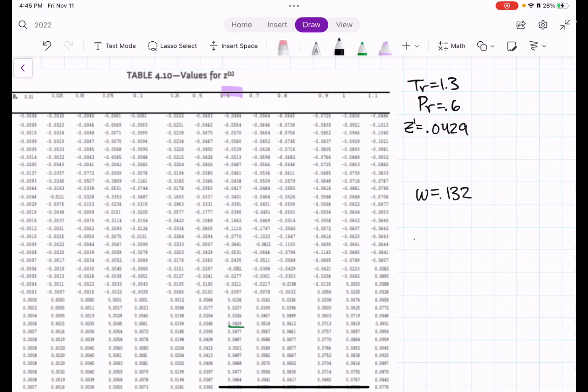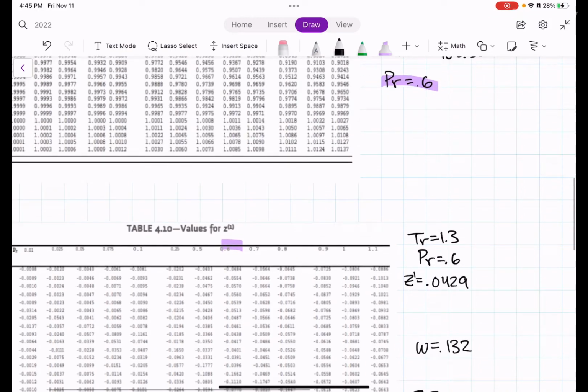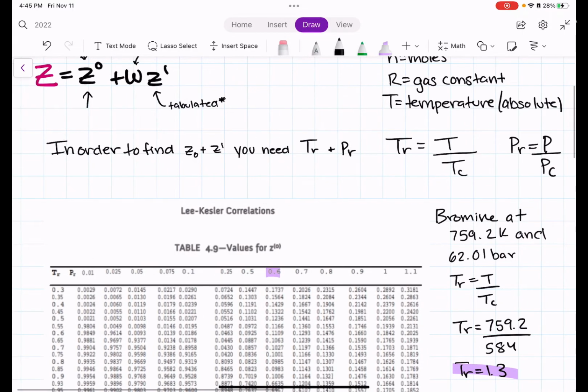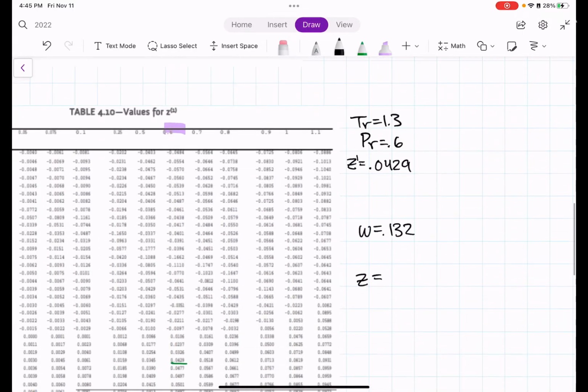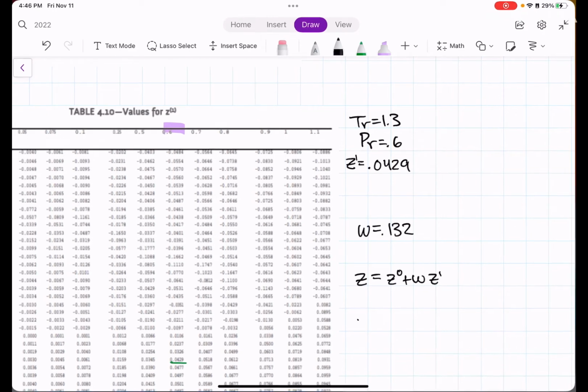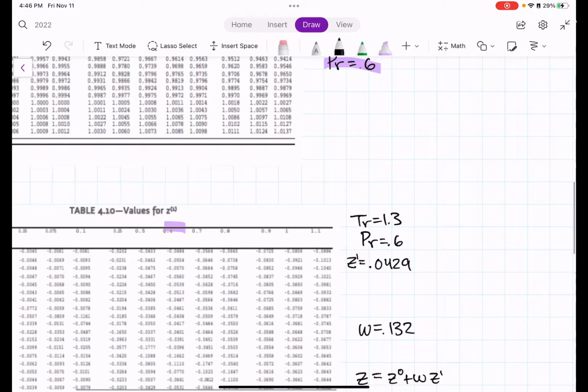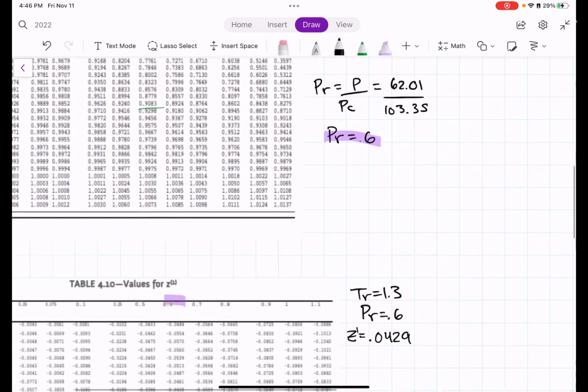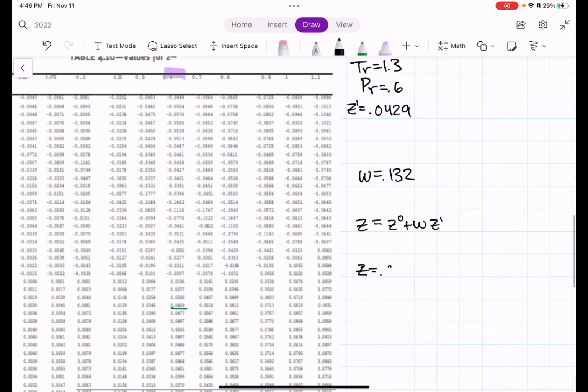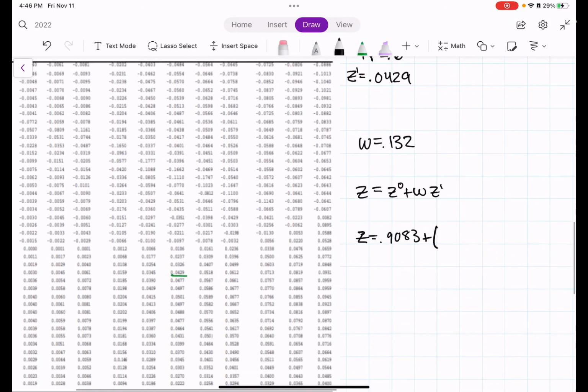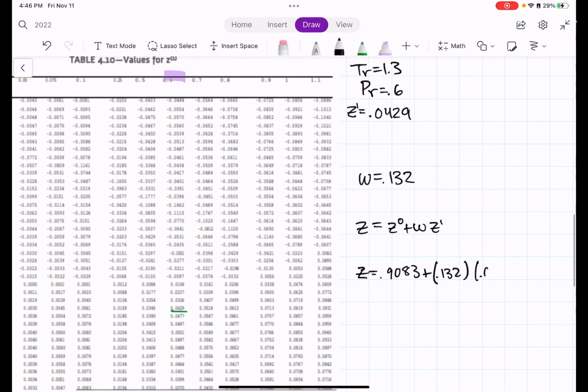So in order to solve for Z, we use the Z formula, which is Z equals Z naught plus W times Z prime. And we just plug and chug. So Z equals Z naught, which is 0.9083, plus your eccentric value 0.132 times Z prime, which is 0.0429.